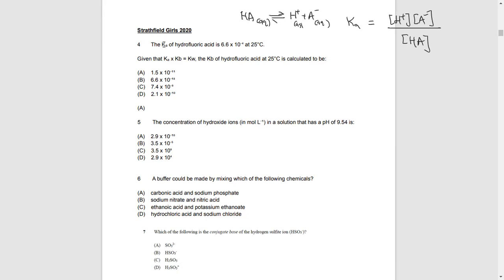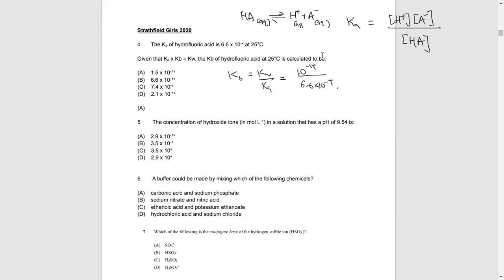So here we've got Ka equals 6.6 times 10 to the negative 4. Given that Ka times Kb equals Kw, and Kb of hydrofluoric acid is calculated to be that, then very easily we can just get Kb equals Kw over Ka, which you can either know or look up in the formula sheet, is 10 to the negative 14 over 6.6 times 10 to the negative 4.